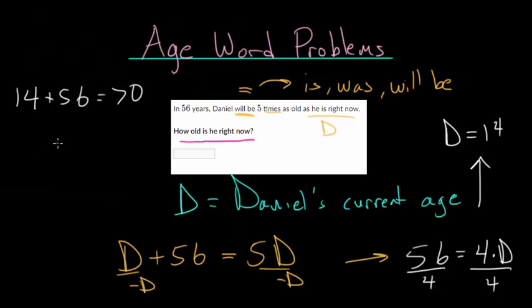So he's 14 right now, so is it true that 70 is equal to 14 times 5? Well, 5 times 10 is 50, 5 times 4 is 20, 50 plus 20 is 70. So this is true. When you evaluate this and you find that he's currently 14 years old, it does make sense relative to the information they gave us.